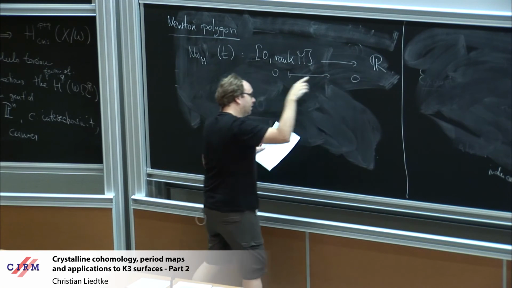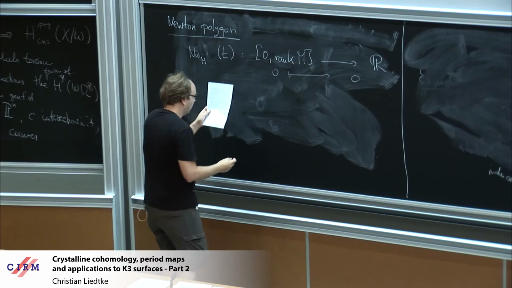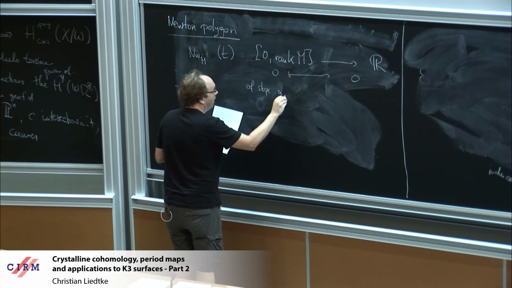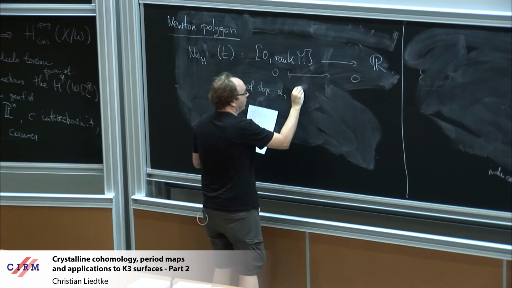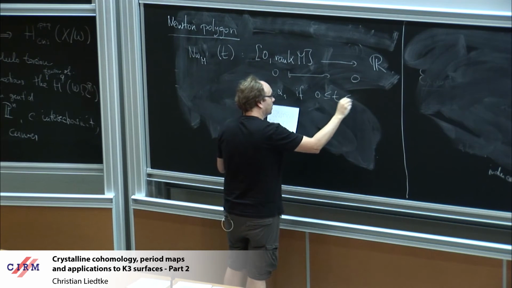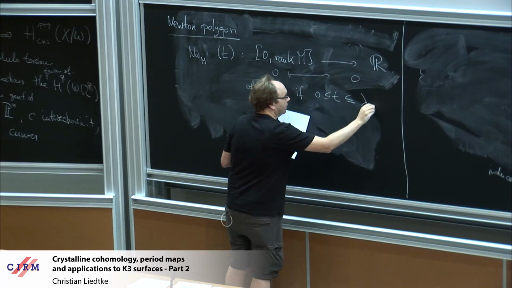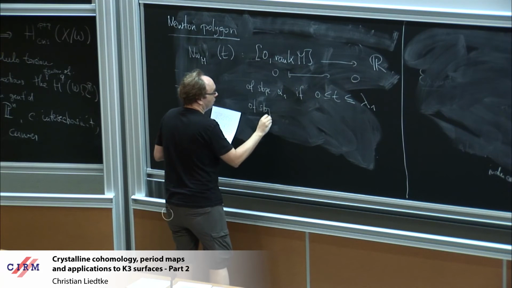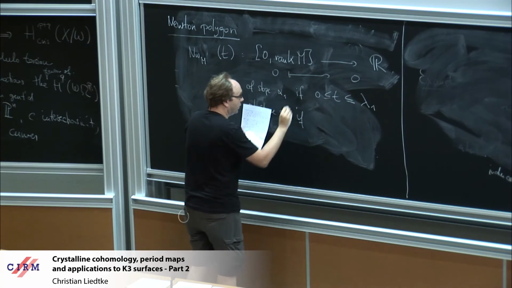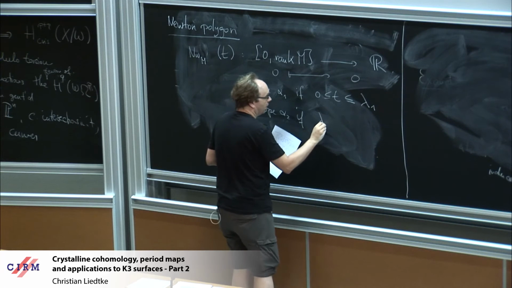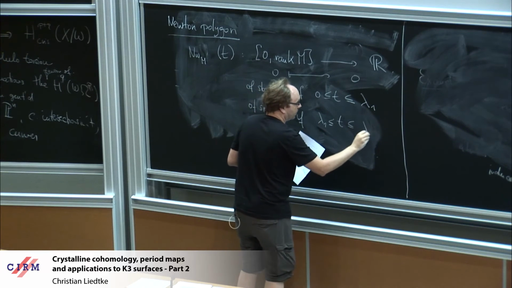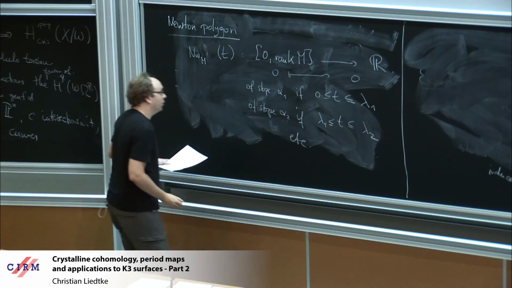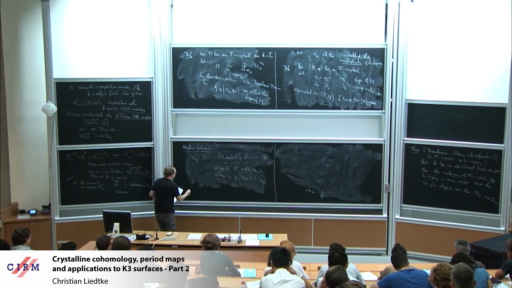This is easy. So it starts on the bottom left. And it's of slope alpha 1 if 0 lies in this region, of slope alpha 2 if lambda 1, etc. So you see in particular it's a convex polygon.